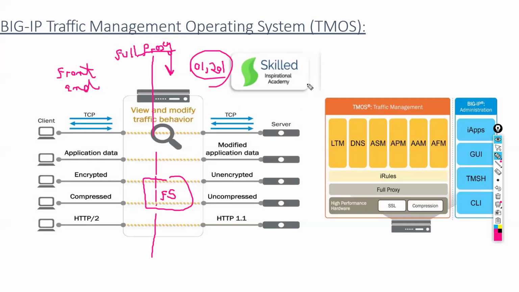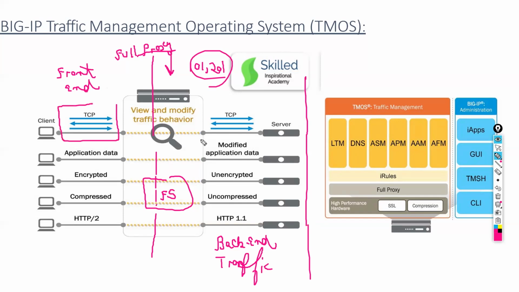And from F5 to the server, this is called your back-end traffic. So F5 divides your front-end traffic and back-end traffic. So there will be a separate TCP handshake here and a separate TCP handshake between F5 and the server. And F5 has a capability to view and modify your traffic behavior through HTTP headers.